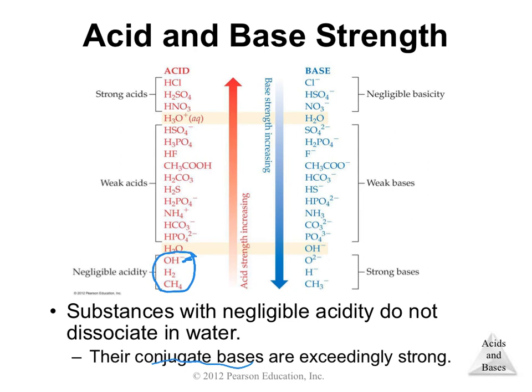So the stronger the acid, the weaker its conjugate base. The weaker the acid, the stronger its conjugate base. So we can see that hydroxide's conjugate base is a very strong base. So if it were to lose that hydrogen, it becomes a very strong base.